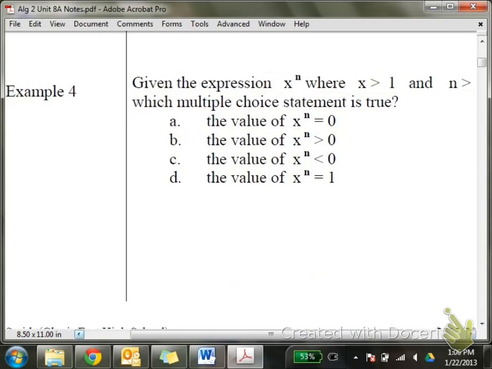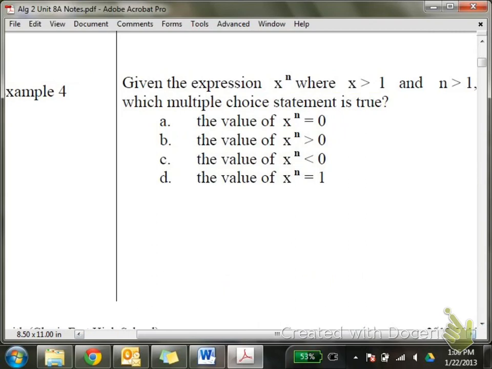There we go. Okay, so all you need to write is the highlighted part, x to the n, where x is greater than 1 and n is greater than 1. Which multiple choice statement is true? You're going to see a lot of problems like this in your homework tonight. Basically what it's saying, you're going to be given the expression. In this case, our expression is x to the n.